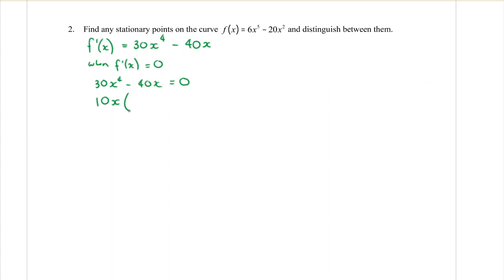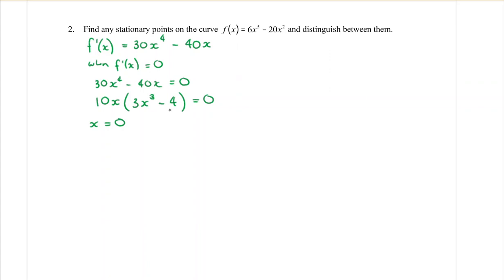For the first term, that will leave a 3x cubed. For the second term, 40 divided by 10 is 4, so negative 4, and the 10x has been taken out the front, equals 0. So using null factor, from the 10x part, I would simply get that x is equal to 0.